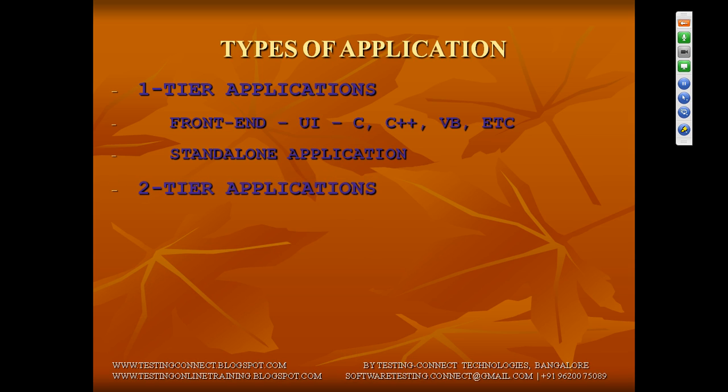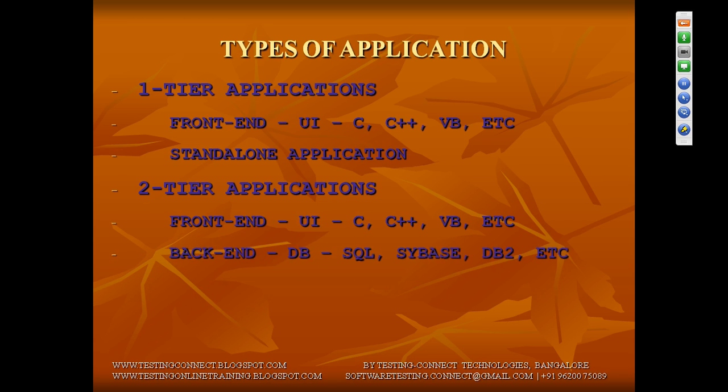Along with the front end, if there is a back end, meaning a database, you can consider that as a two tier application. So front end UI, back end database. What is the purpose of the database?